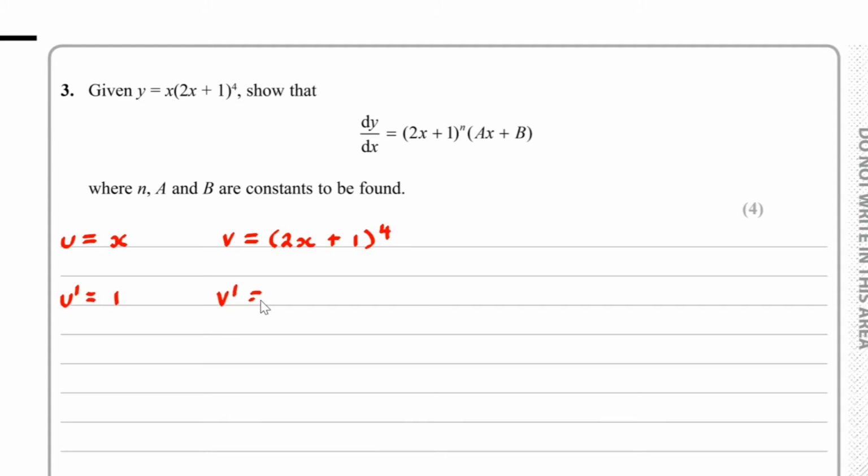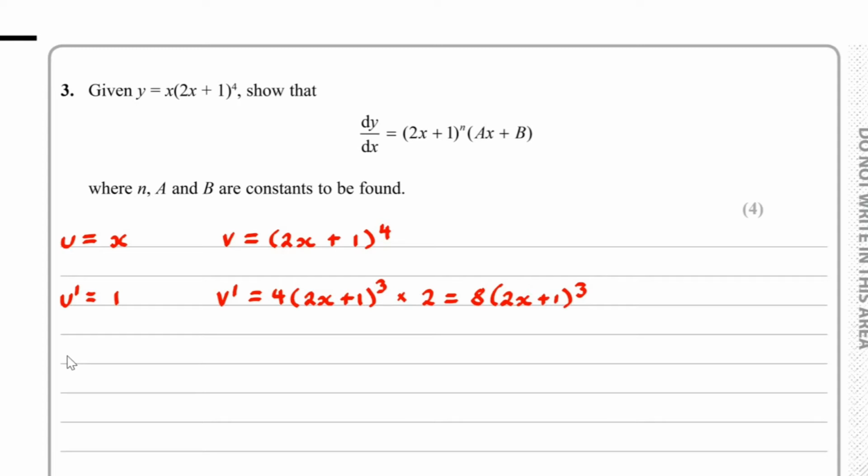And v dash, using the chain rule, we multiply by the power, and then we subtract 1 from the power. We then multiply by the derivative of what's inside the bracket. We multiply by 2. And so v dash is equal to 8 lots of 2x plus 1 cubed.